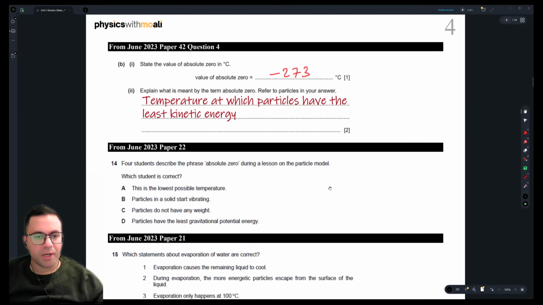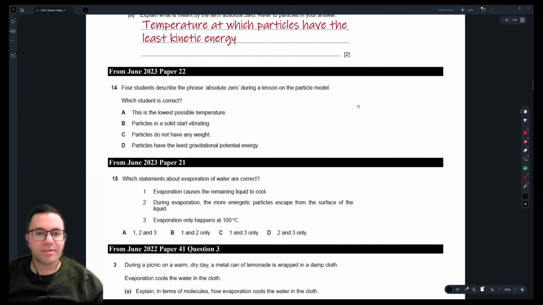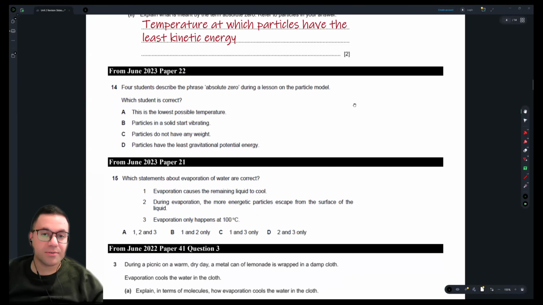Next question. Four students describe the phrase absolute zero during a session. Which statement is correct? This is the lowest possible temperature. I mean, he's right. But let's read the rest. Particles in a solid start vibrating. No, they're always vibrating. That's not the temperature at which they start vibrating.